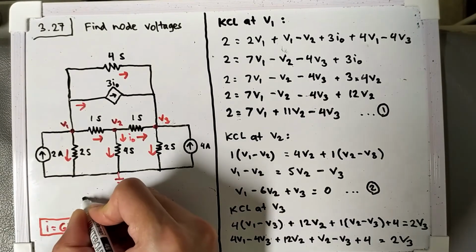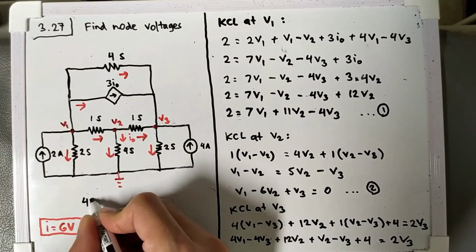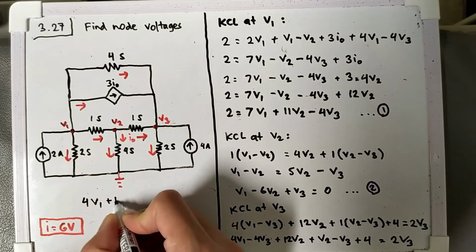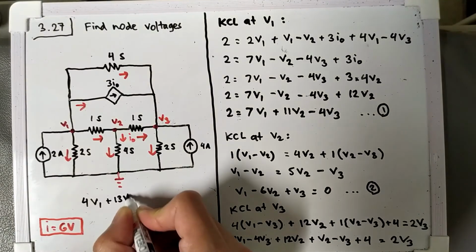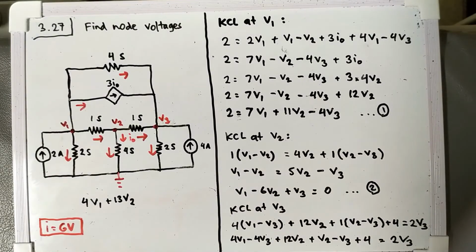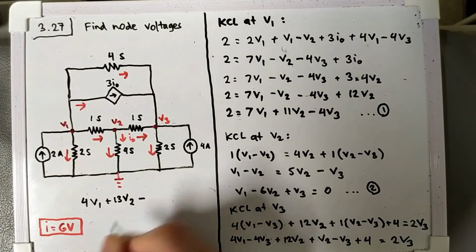I will have 4V1, and for V2 I will have plus 12 plus 1, which is plus 13 V2, and for V3 I will have minus 4 minus 1, which becomes minus 5, and minus 2, so minus 7 V3.